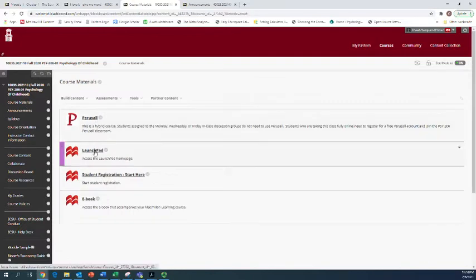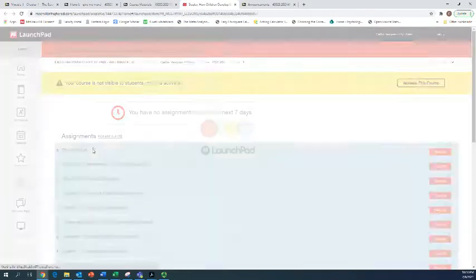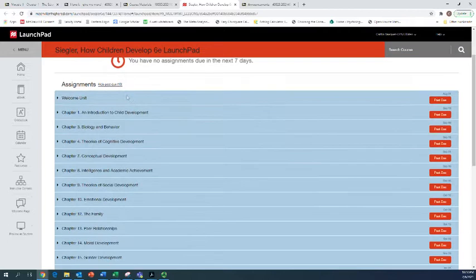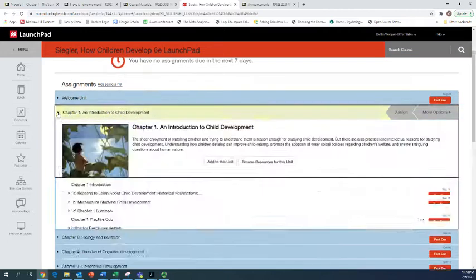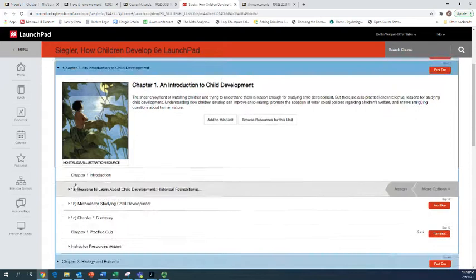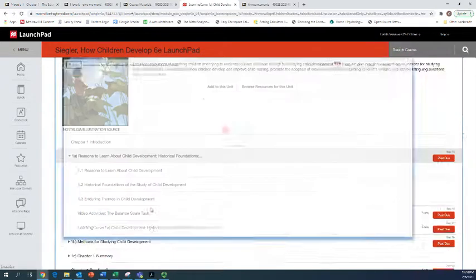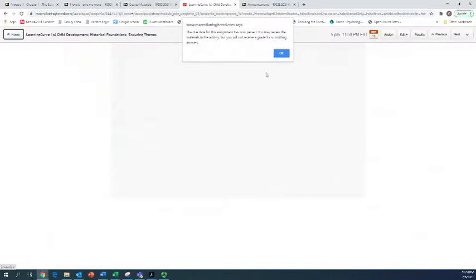In this class, we also used Launchpad to allow students to work through the material. This was last semester, so this course has been deactivated. But students would come into the online book, they could read the book here, and then they would be responsible for doing these assessments.